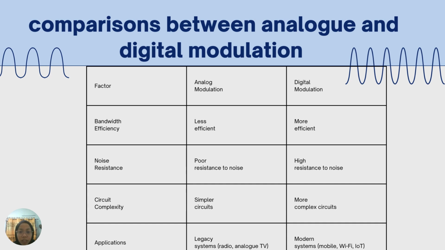Any disturbance directly acts on the amplitude, frequency, or phase of the signal. As noise increases, the quality of the signal continues to degrade. For example, static or distortion in radio reception over AM and FM due to noise in the environment.